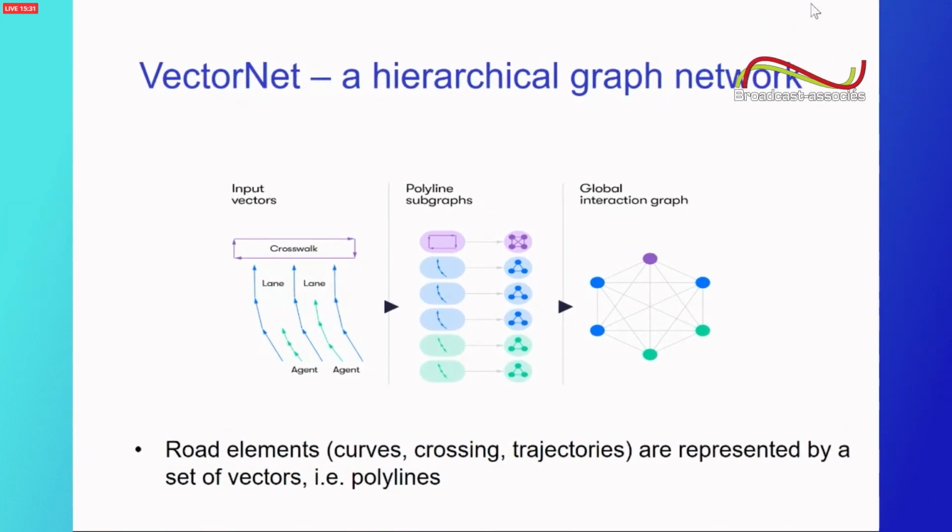The hierarchical graph network first represents polyline elements such as crossings, cars, car trajectories, and curves by a set of vectors. We then have these polyline subgraphs, which we connect by a fully connected global interaction graph, which allows to exchange information between the different elements of the scene.